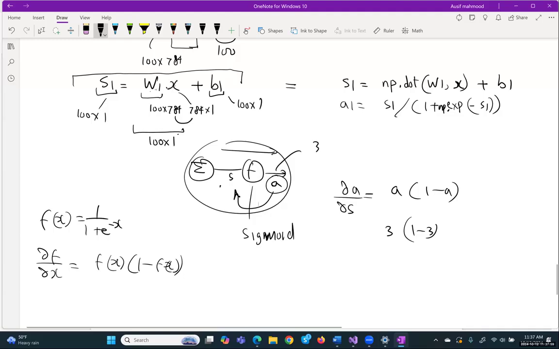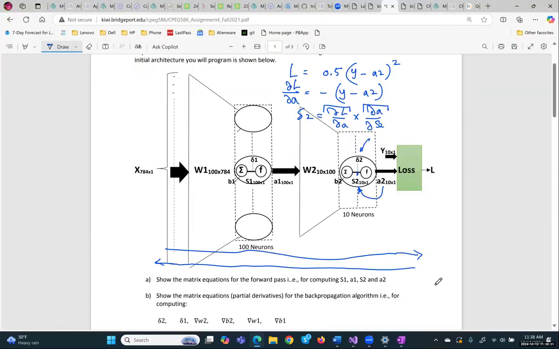Coming back over here, what will be partial L over partial A2? We already know it is equal to minus Y minus A2. Now the second part: what is partial A2 over partial S2?